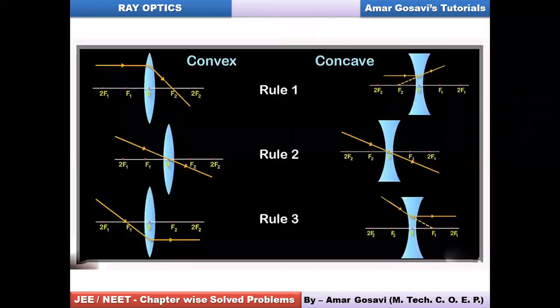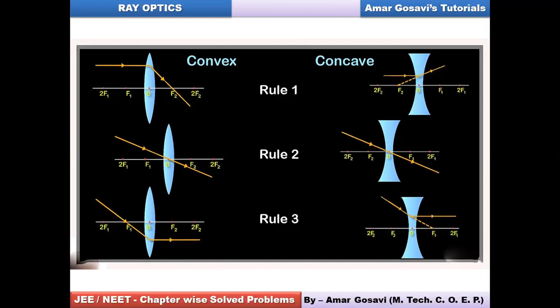After mirror, let's move towards lenses. You all know the basic types of lenses which you can have are biconvex and biconcave, being shown over here. So we will talk about the rules of how image formation can be done in the case of convex and concave lenses.